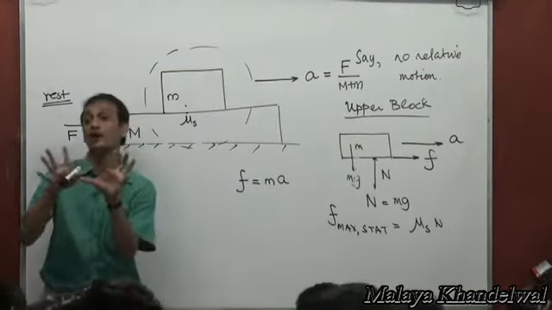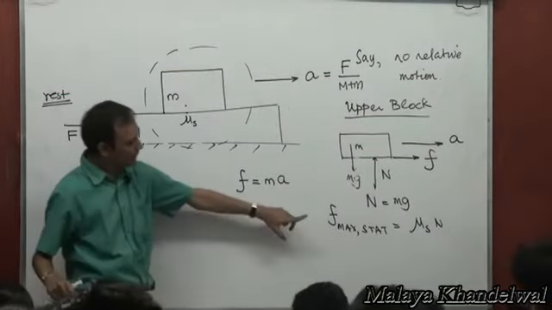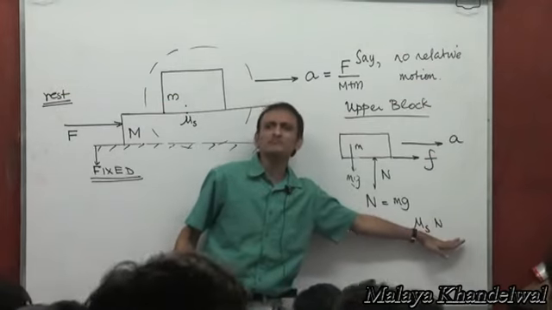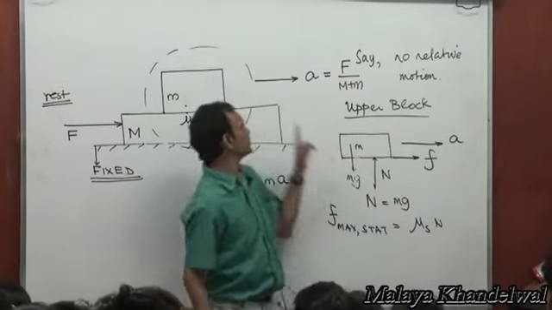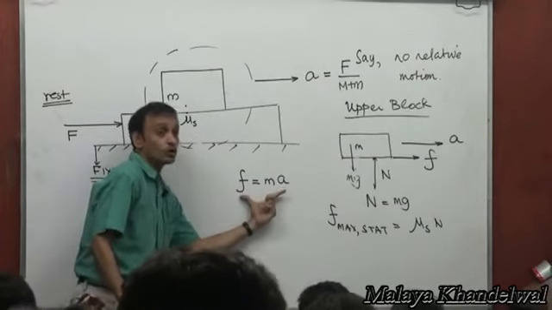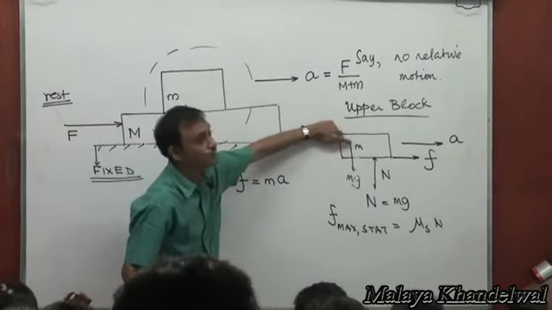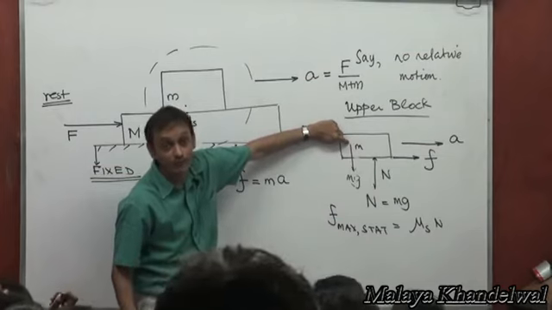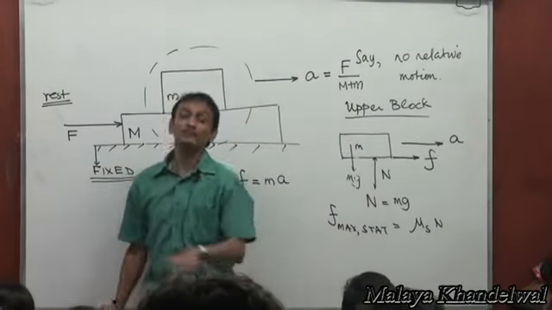Okay, now you have two numbers with you, right? You have this number, which is maximum possible static friction between the two blocks, and you have this number, which is the frictional force that acts on small m. And what have you assumed?